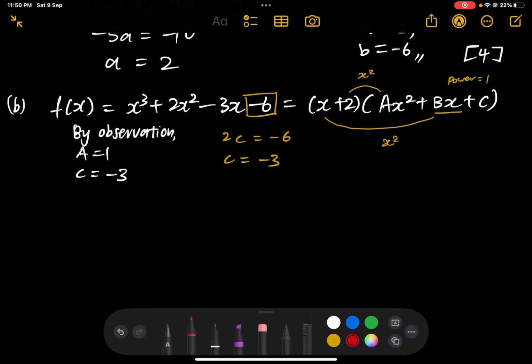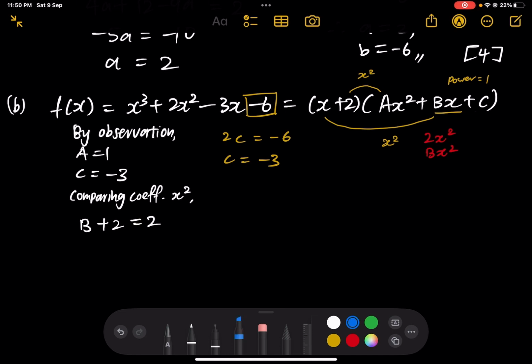If you cannot visualize, 2x squared and bx squared. So let's equate it together, comparing coefficients of x squared: b plus 2 will give me 2.